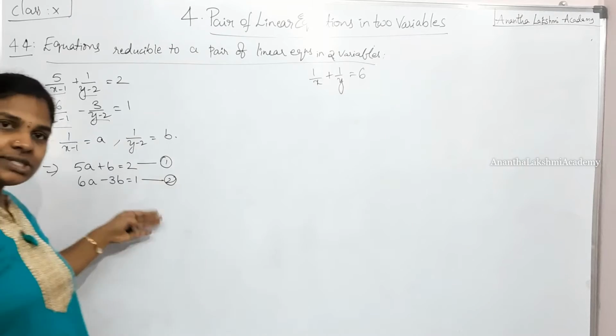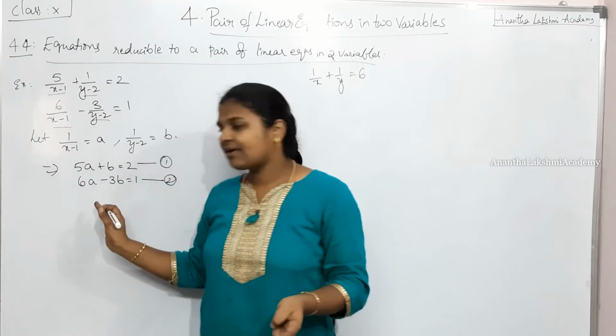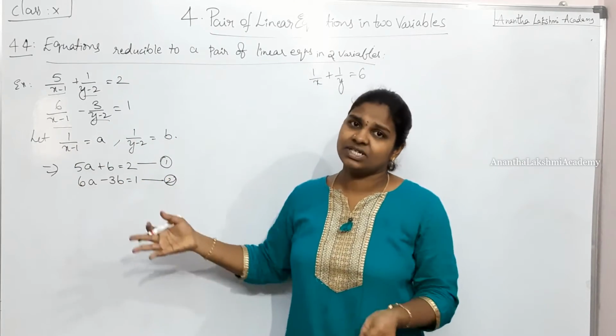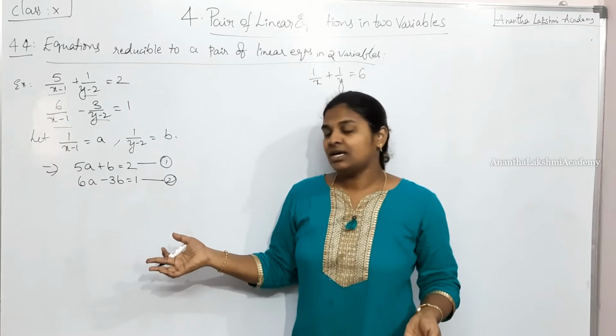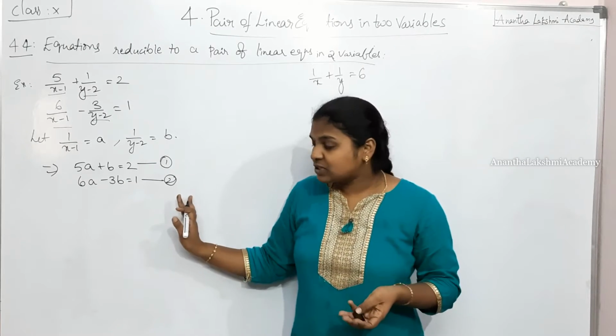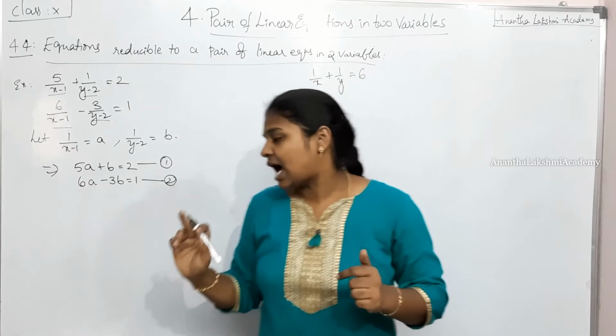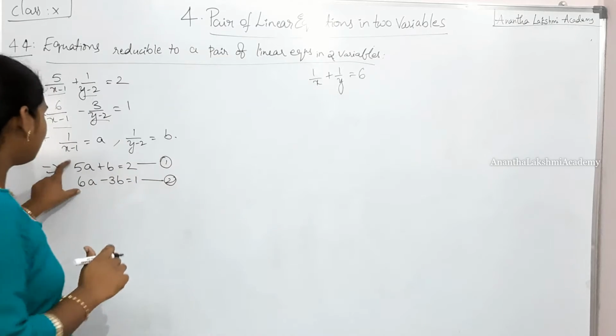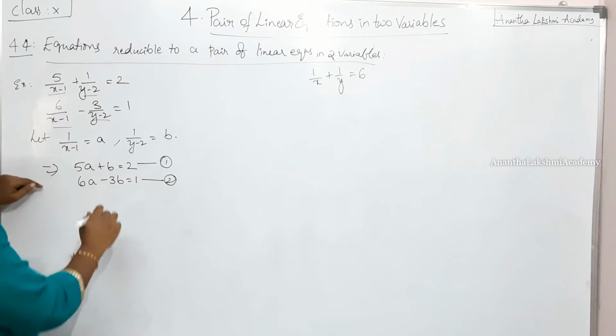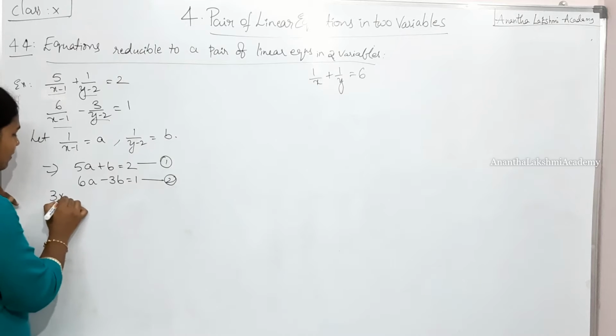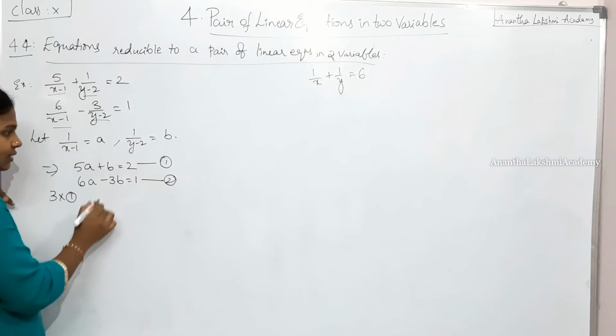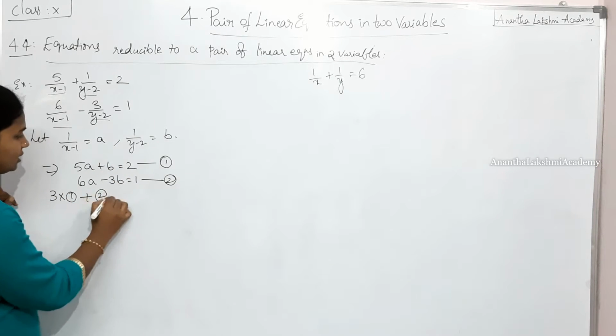When two equations are in this form, this is what we have learned to solve so far. Now can we solve these two equations? Yes. Here the coefficients are different, so I am going to multiply equation 1 by 3 and add it to equation 2.